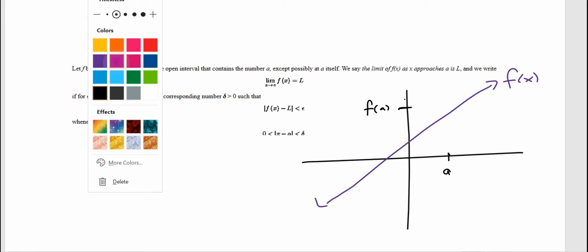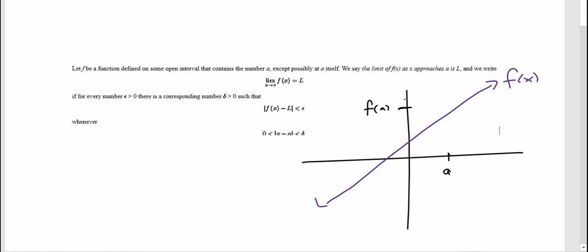So what this is saying is that if you pick any value for epsilon, here you get f of a minus epsilon, and this upper part would be f of a plus epsilon.